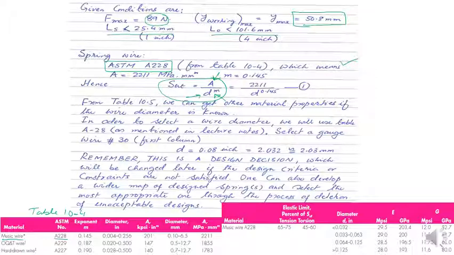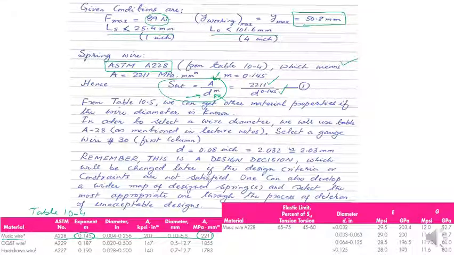From here you can see that this is the value of M, and then you can go to the SI unit and you will see this is the value for A. So I know the value of A, I know the value of M. The question of D still remains unknown. I will come to that one in a short while.